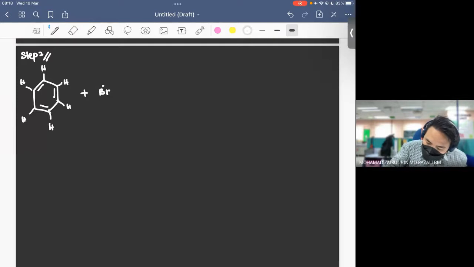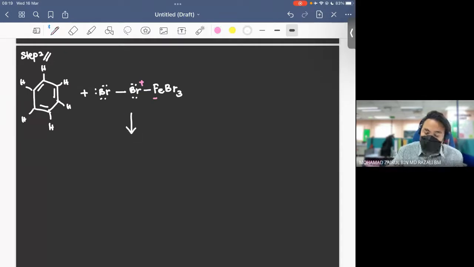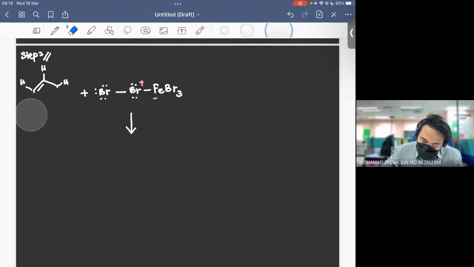Okay, what will happen is dia akan ambil one of the bromine, sebab kita nak add bromine dekat kita punya benzene. So sekarang ini, sekejap saya tukar setting benzene sekejap.